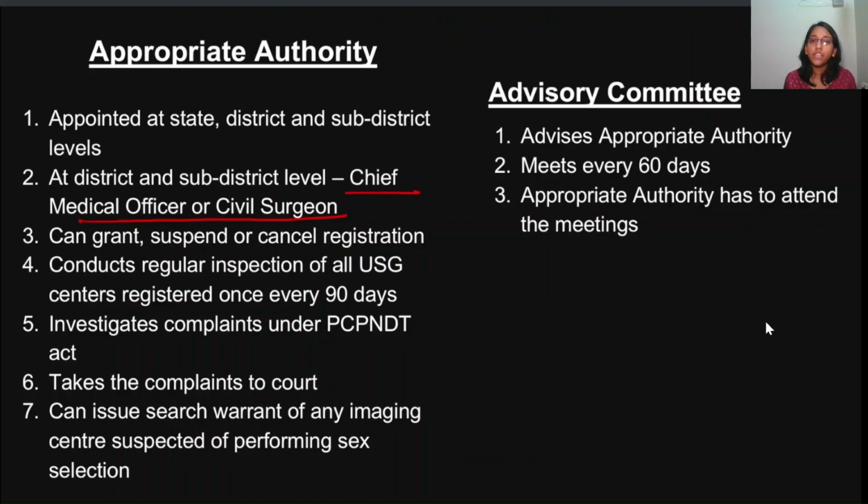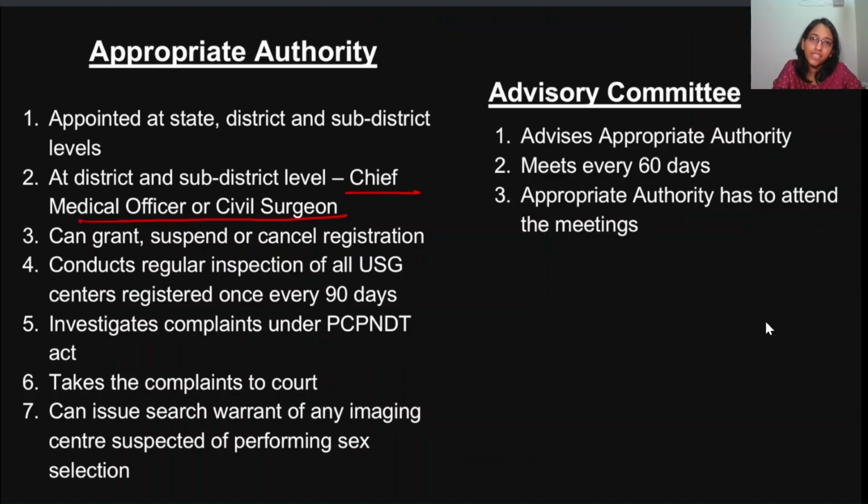It can conduct regular inspection of all registered ultrasound centers once in every 90 days. It investigates complaints given under the PCPNDT Act and takes complaints to the court. It can issue a search warrant to any imaging center suspected of performing sex selection. Simple. Almost all the work to be done under the PNDT Act is done by the appropriate authority.